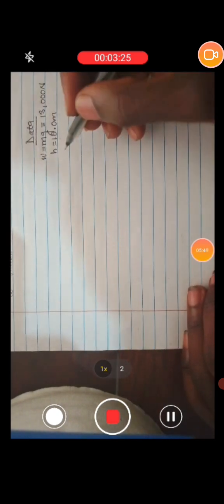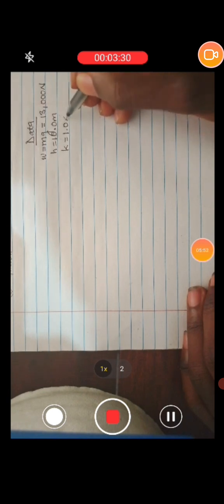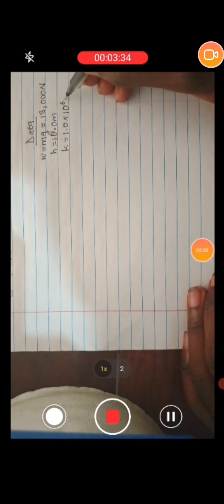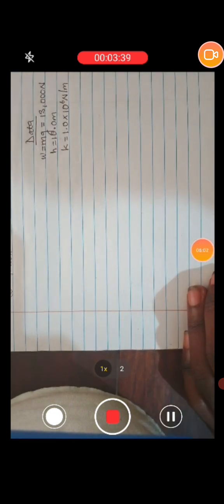Next thing is we have the spring constant, which is 1.0 times 10 to the power 6 newtons per meter.